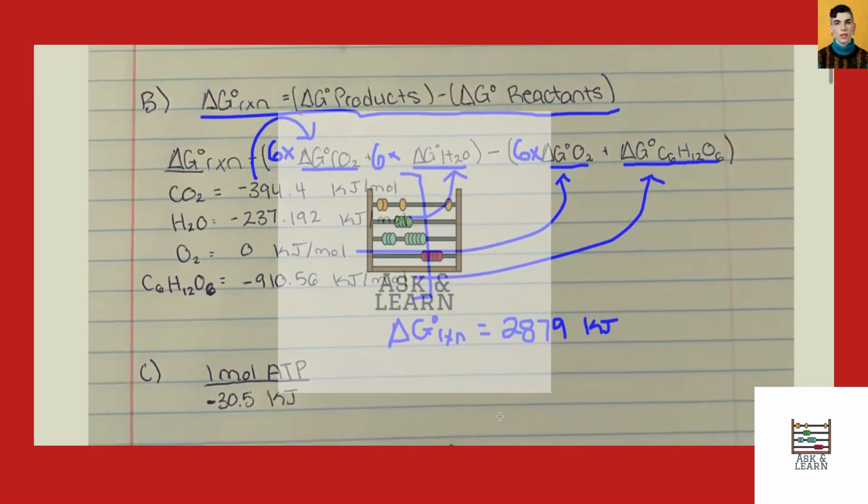Great, moving on to C. It's asking you for how many molecules of ATP can be produced by metabolism of 1 mole of glucose.